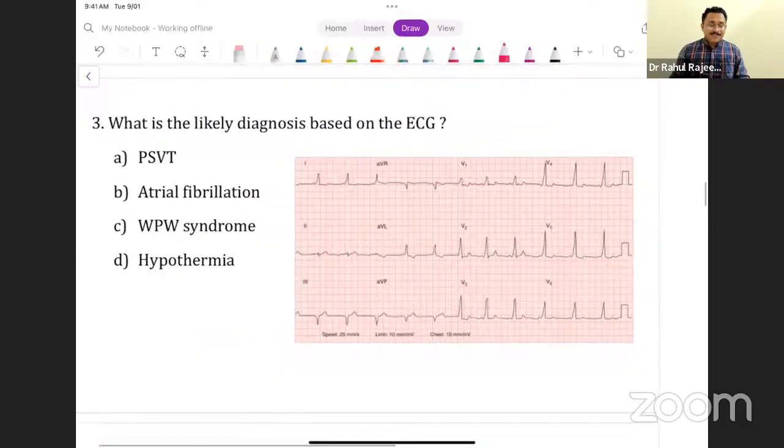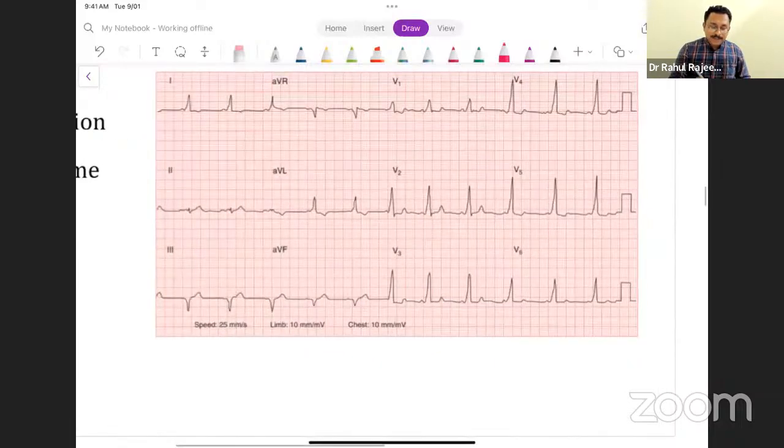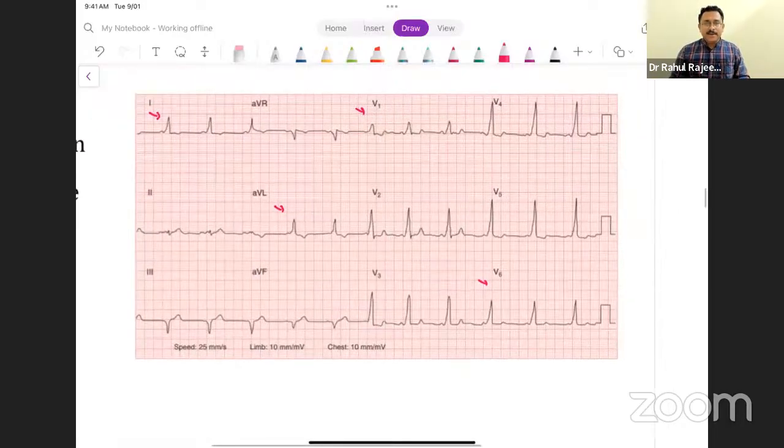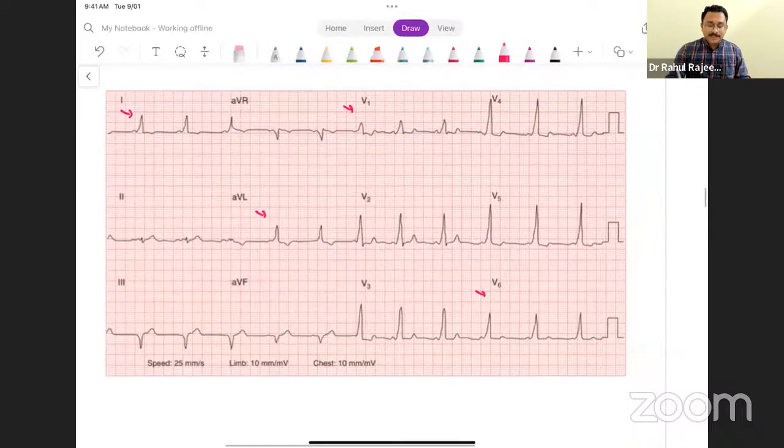Question number 3, what is the likely diagnosis based on the ECG? Is it PSVT, atrial fibrillation, WPW syndrome, or hypothermia? Now, if you look at leads 1, AVL, and also leads V1 to V6, what are the characteristic findings that you are seeing?